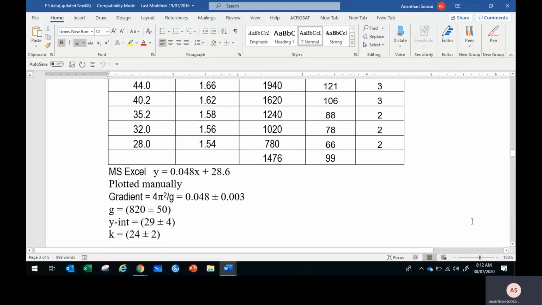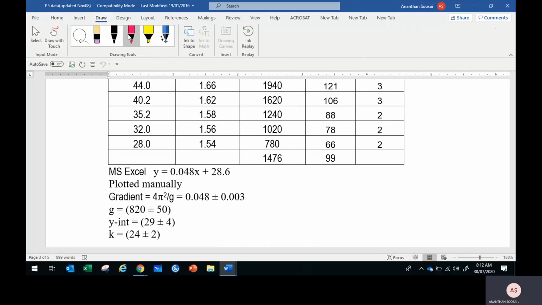I hope you get the gradient around this value. Uncertainty doesn't matter whatever value you get, but make sure that the decimal place for the uncertainty and the value are the same. The value for the gradient must be around 0.048, maybe plus minus 10%.